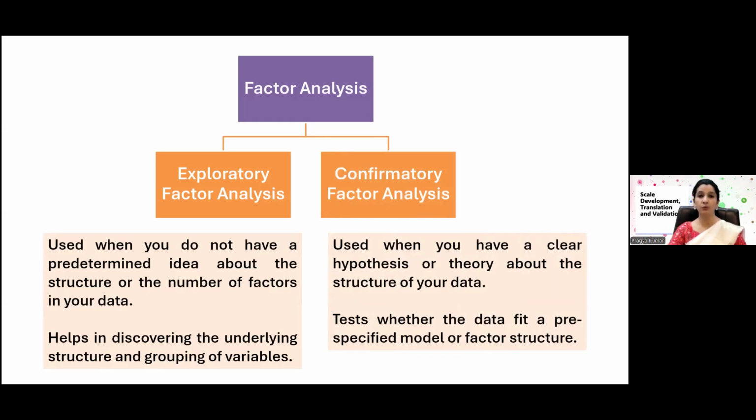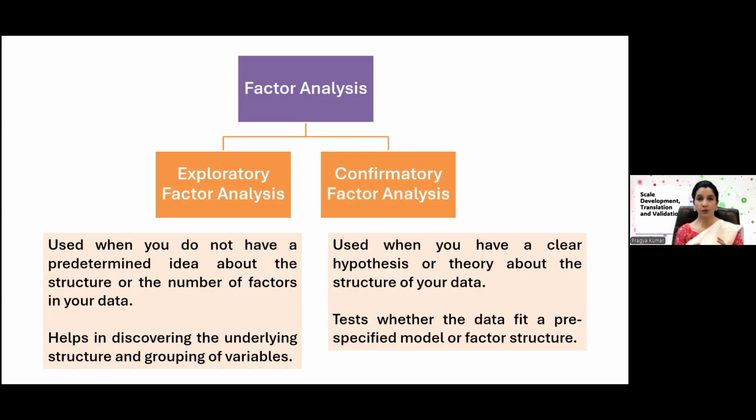But there is one catch in this. You should never do an exploratory factor analysis and a confirmatory factor analysis on the same sample. That means, like, we have 360 total responses. So what we did, the initial 200 we used for the factor structure, and the next 160 we used for the confirmatory factor analysis.